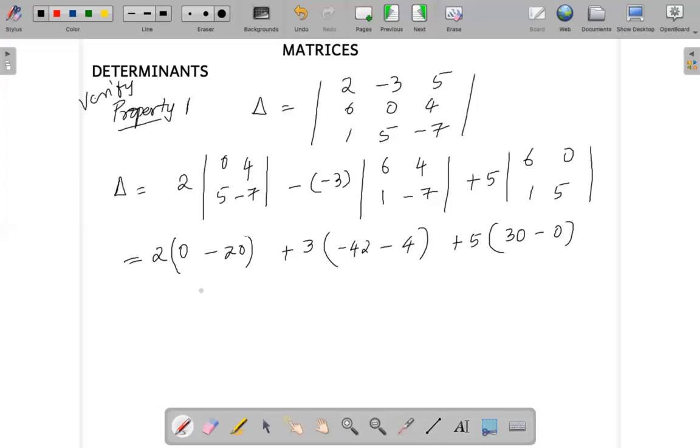Now further simplifying it, we get minus 40 minus 138, and this is plus 150, which gives minus 28. So this is expanding the determinant along the first row.